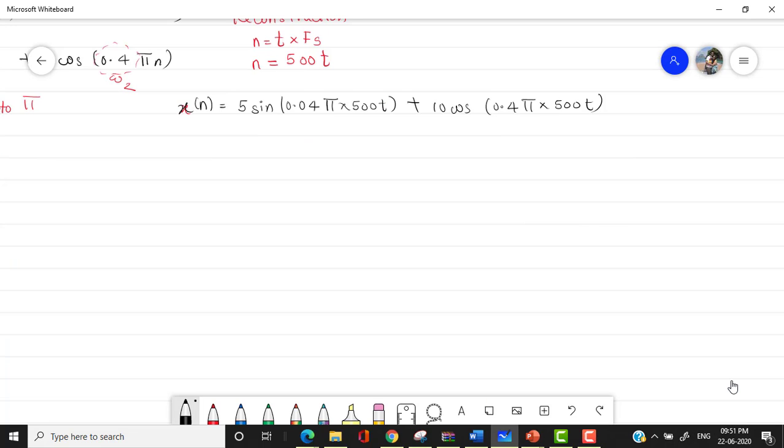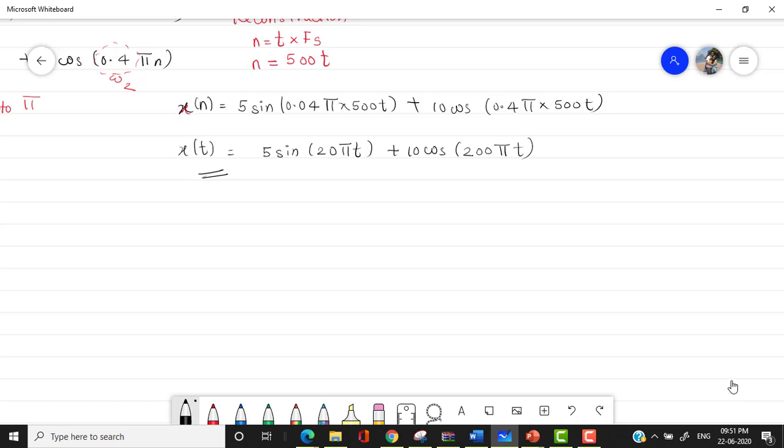Okay, so now when I perform this multiplication, I will get the signal back, x(t), which is 5 sine of 20 pi t plus 10 cos of 200 pi t, right, which is our question.